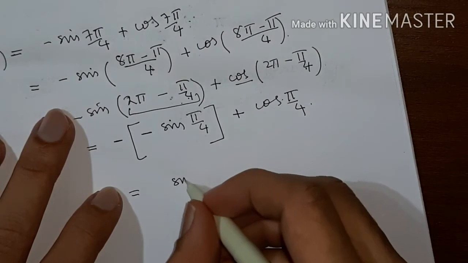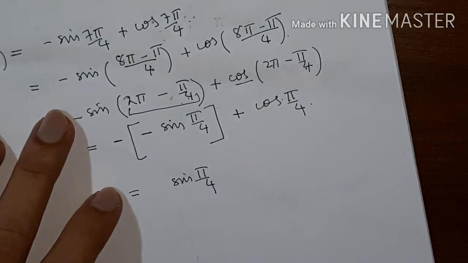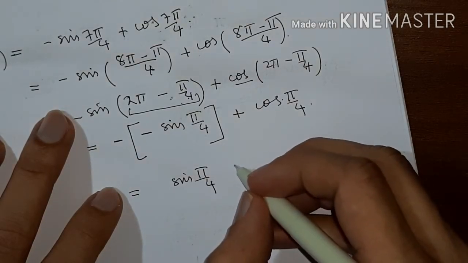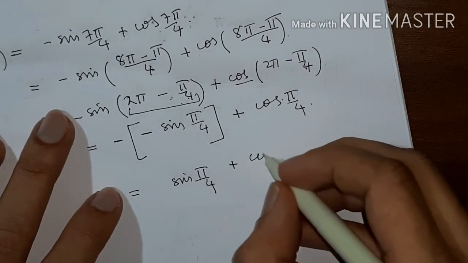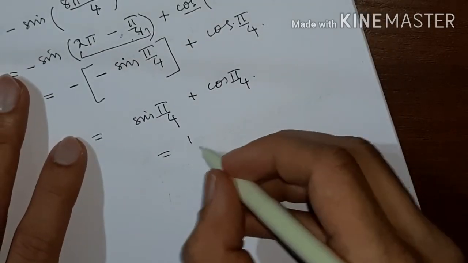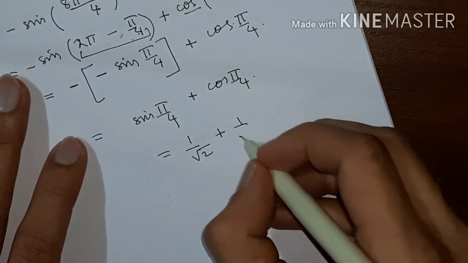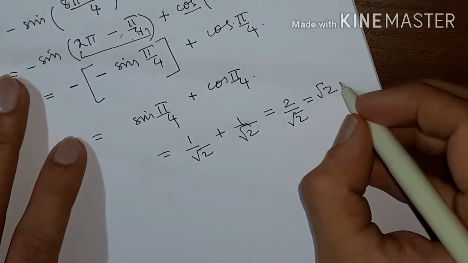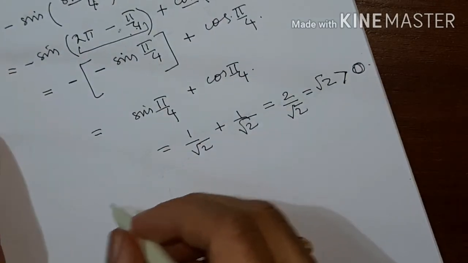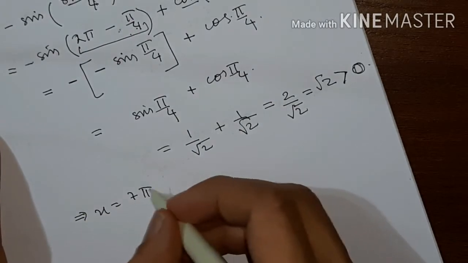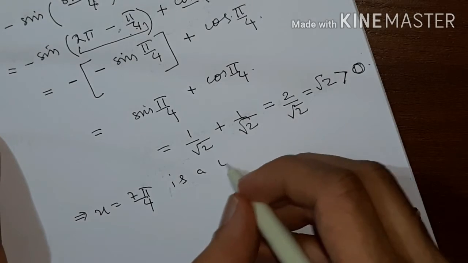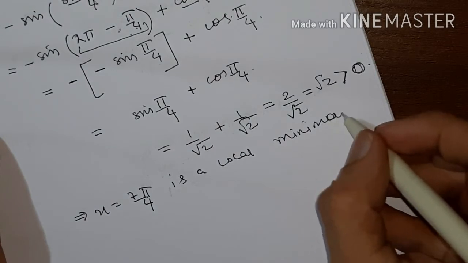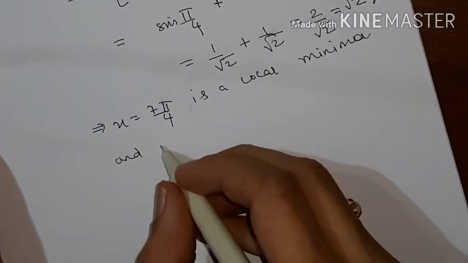So what you are getting is minus sine of pi by 4 plus cos of pi by 4, that is 1 by root 2 plus 1 by root 2, which is 2 by root 2, which is root 2, and which is greater than 0. So this implies x equal to 7 pi by 4 is a local minima.